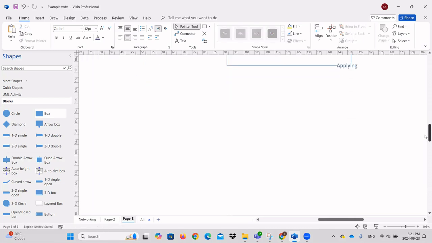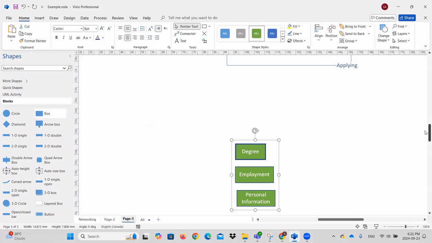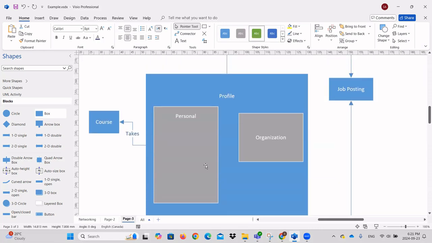So let me put this away here. So we are still thinking at this level. There is an entity or a class called personal, and there is an entity or a class called organization. There are some relationships between these, right?